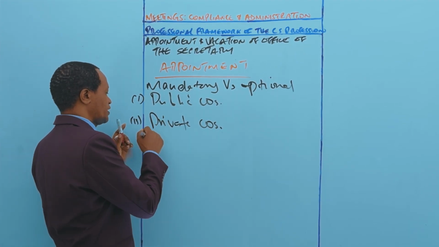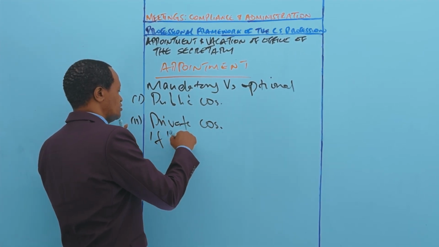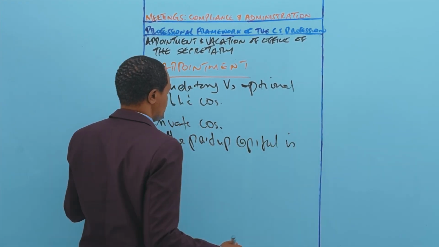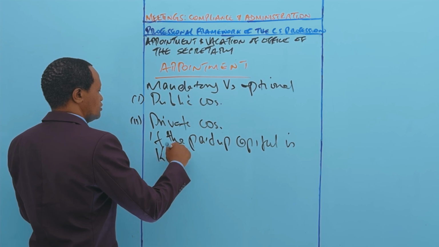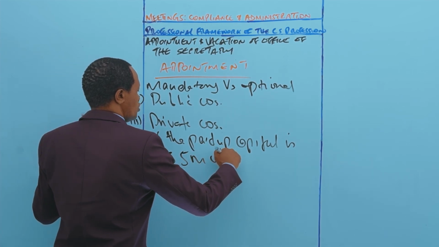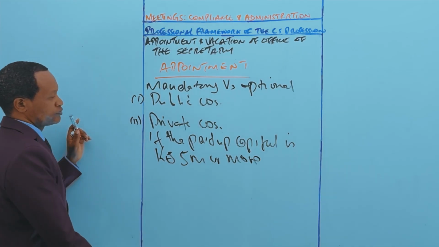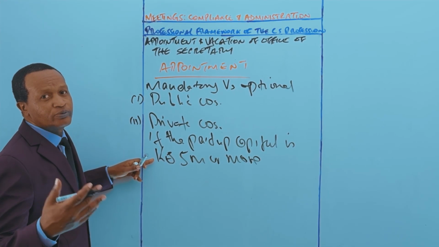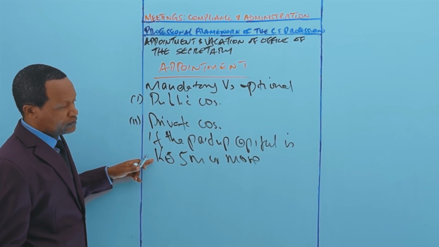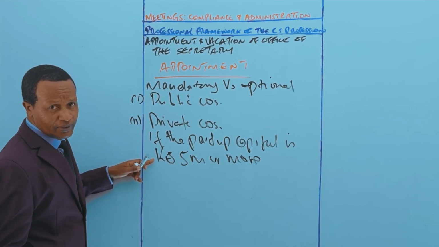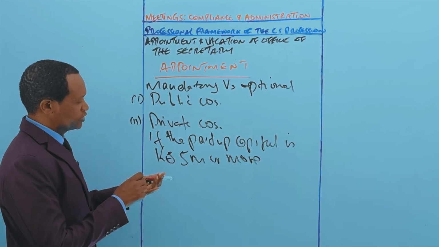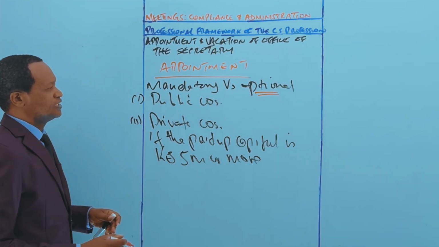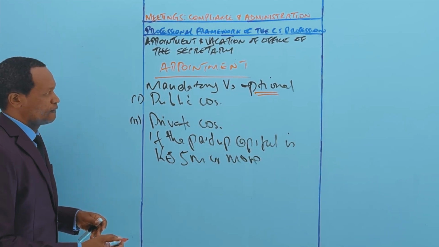That is the condition. But if it is less than 5 million, then it's not mandatory. For smaller private companies, the role is optional.